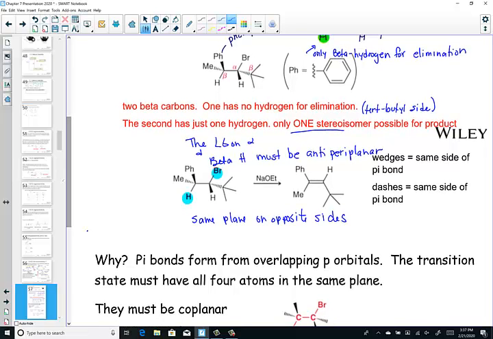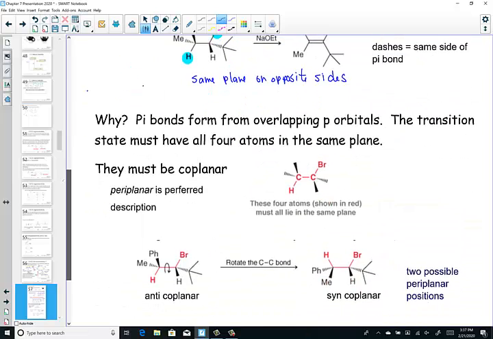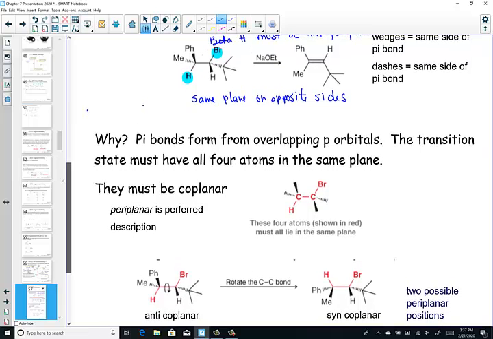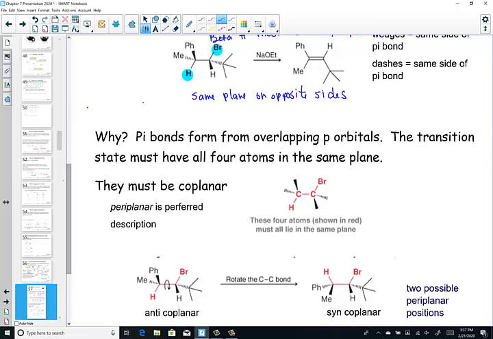And when this happens, let's scroll down, to emphasize what we're looking at. We're in the same plane, the bromine and the hydrogen, same plane because they're both lines. They're not both wedges, they're not both dashes, but they're both in the same plane as the carbons. We'll have an elimination reaction occur. Remember the mechanism, NaOEt, sodium ethoxide.